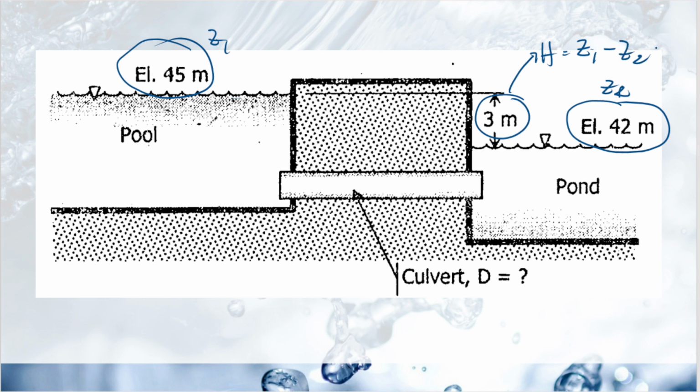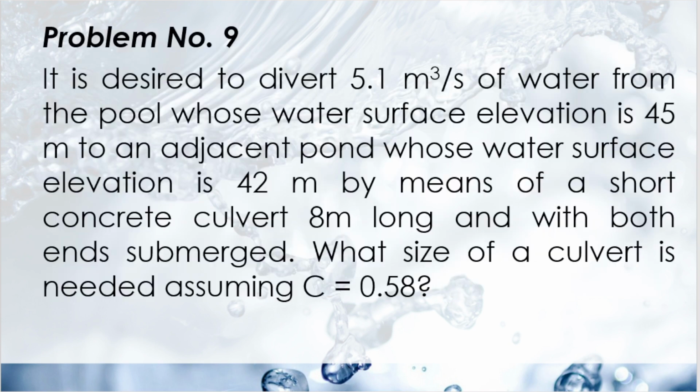Okay, applying the formula a while ago, let's compute. We have a given H. What else? The problem gives us the discharge. Actually, this desired discharge is the actual discharge.